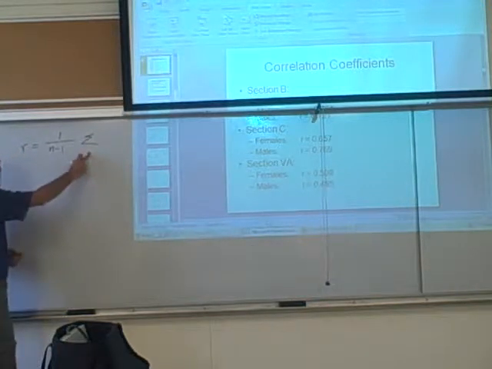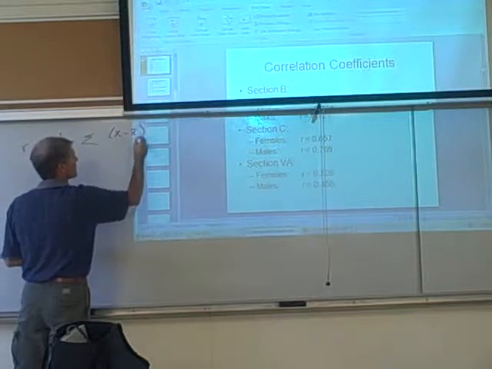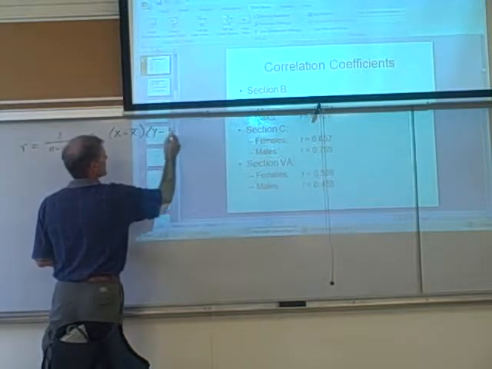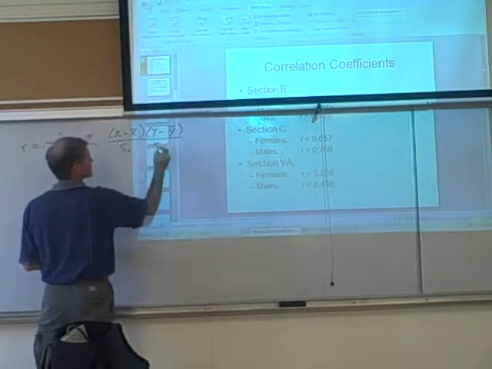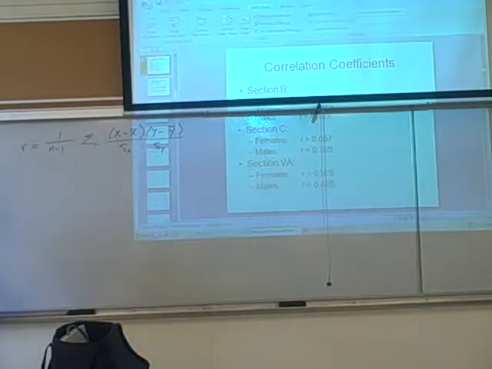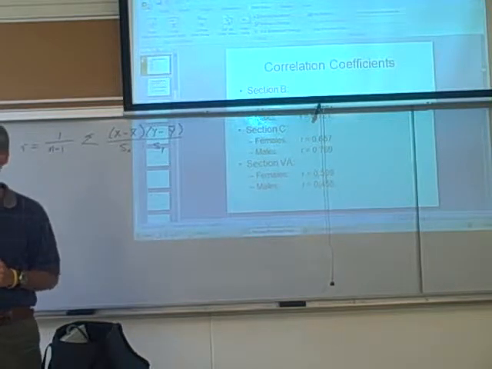There's your summation symbol again. The sum of x minus x bar times y minus y bar, divided by Sx times Sy. And I know what you're thinking. You look at that and you go, that's cool.